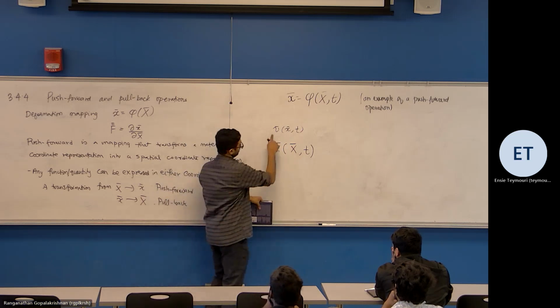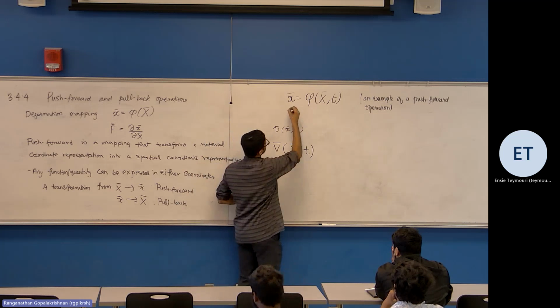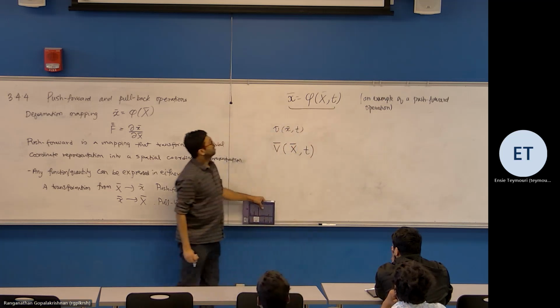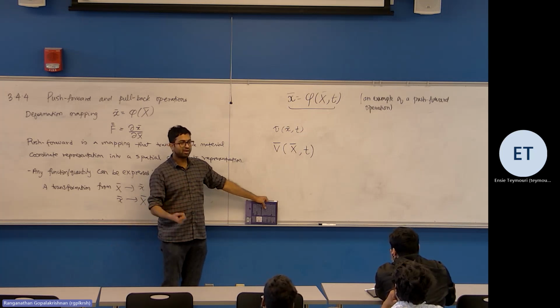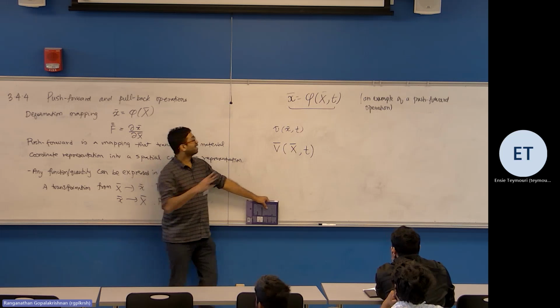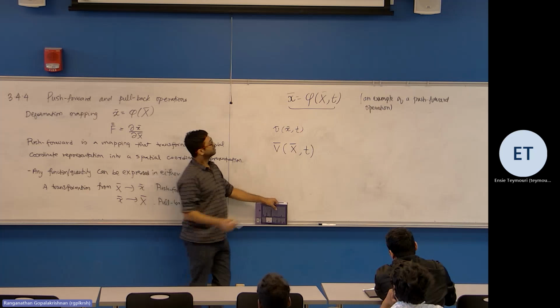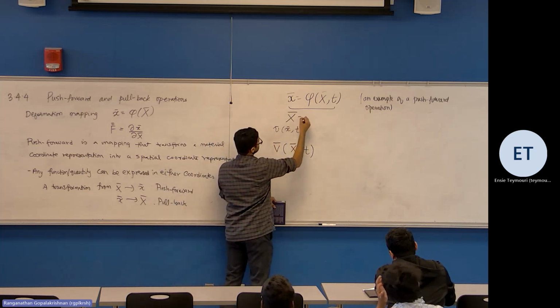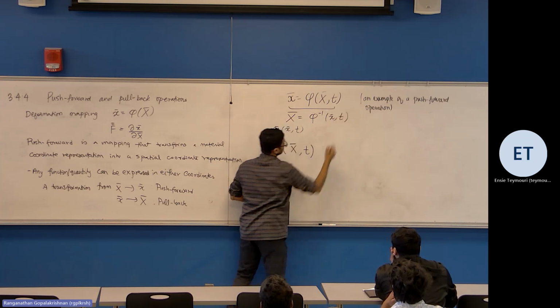Now, you can go back and forth between these two representations because you know a relationship between spatial and material variables. That is the deformation mapping. That deformation mapping generally comes from the nature of the material, the physics of deformation and the loading and so on. In this unit, we are of course directly given this. We don't talk about how the loading takes place. We just assume it takes place. So you can write X is equal to the inverse mapping of x comma t. Can you do that?